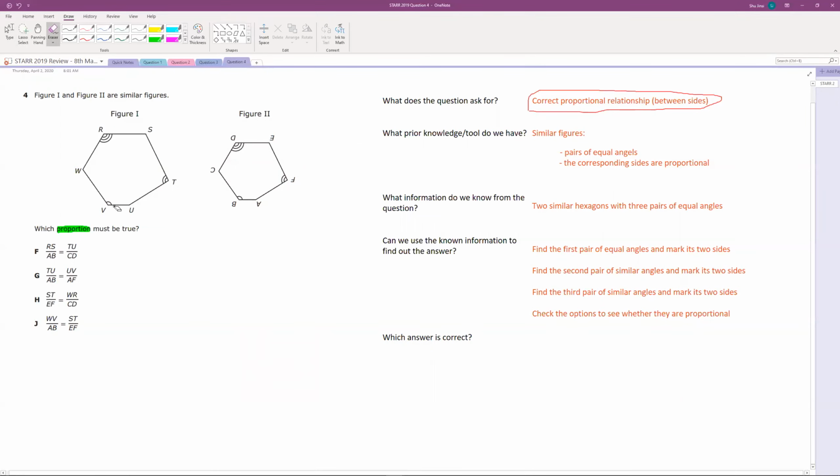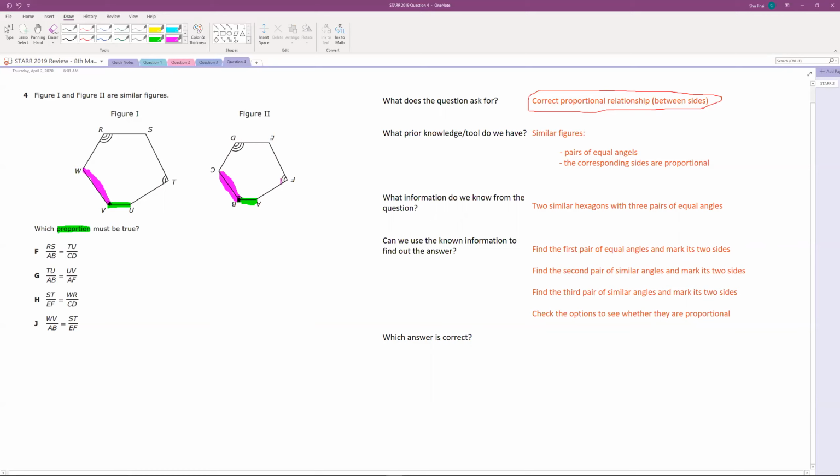So let's go ahead. For the first angle, this short side VU will correspond to this short side of AB. And this longer side VW will correspond to this longer side of BC. So they are the two corresponding sides for this angle.